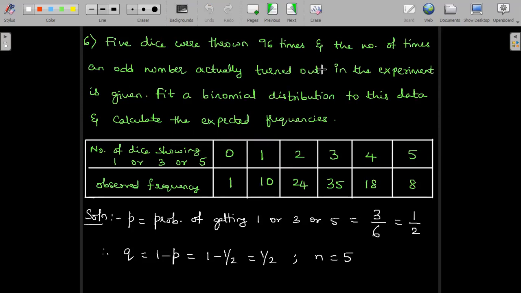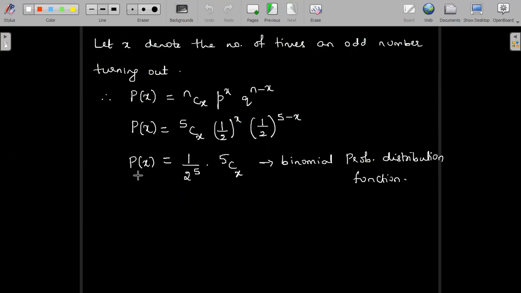So, expected frequencies can be obtained if we multiply the binomial distribution P of x by 96. This should be multiplied by 96. So then only for x equal to 0, 1, 2, 3, 4, 5, we can find out the expected frequencies. So we'll just mention the same thing now.